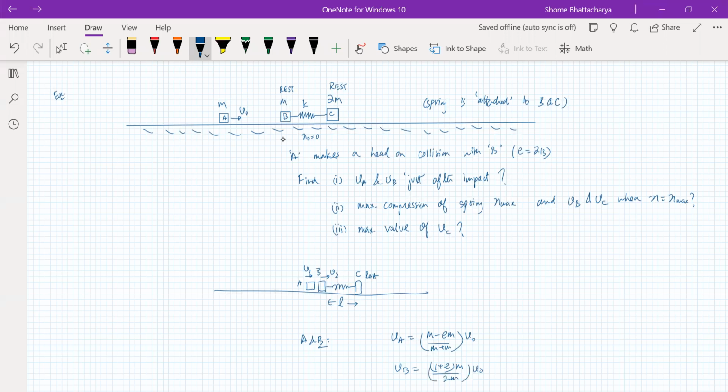So this is basically (1 minus E) by 2 into V naught, and this will be (1 plus E) by 2 into V naught. E is 2 by 3 here. So this is V naught by 6, and this is 5 by 6.